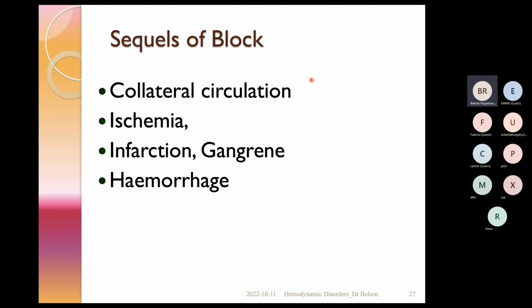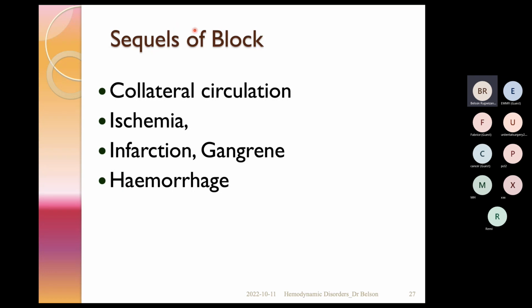So if it is within the limbs, it will be gangrene. Intestines, usually it is called gangrene. But when it is in the heart, it will be called myocardial infarction. If it is in the brain, it will be a stroke and so on.